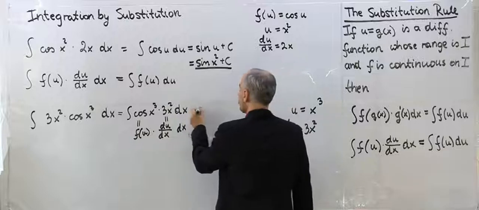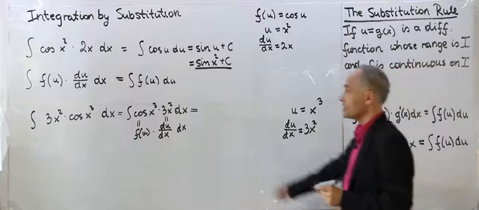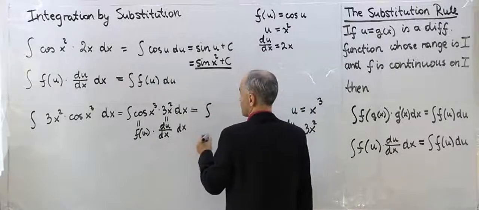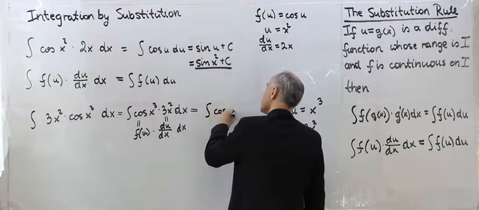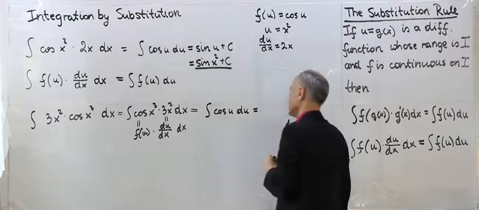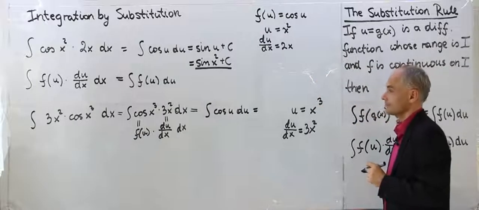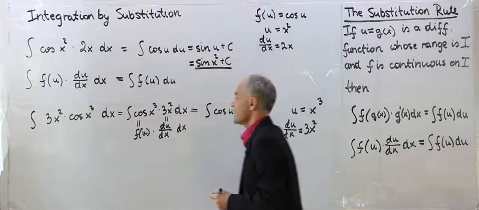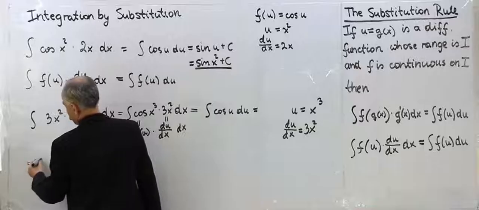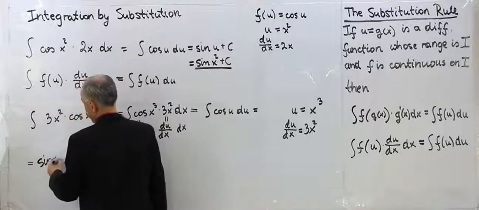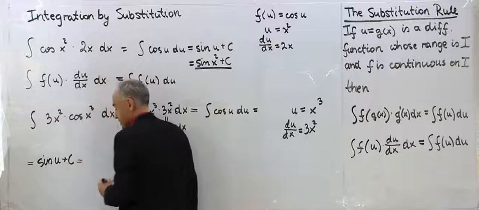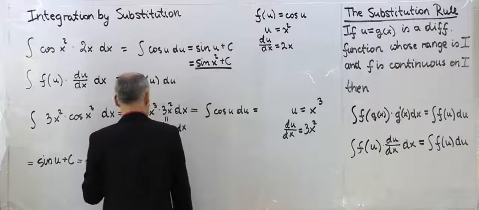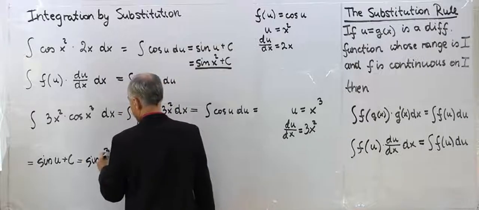Okay, and the substitution rule tells us that this integral can be replaced with a simpler integral, which is the integral of f of u, so cosine of u du. And again, the integral of cosine u du, as I wrote down earlier, is equal to sine of u plus c. So don't forget to return to the original variable. So the answer is sine of x cubed plus c.